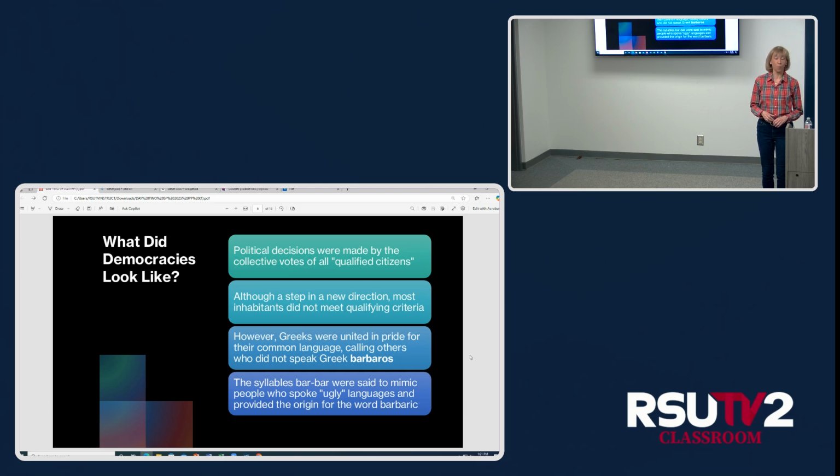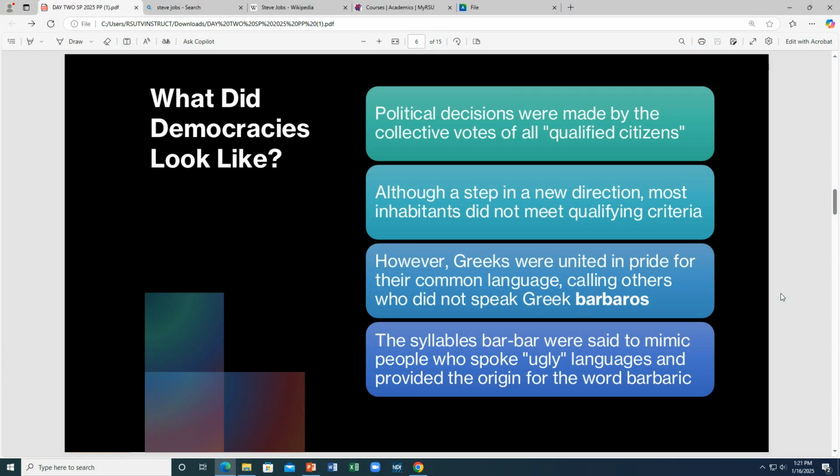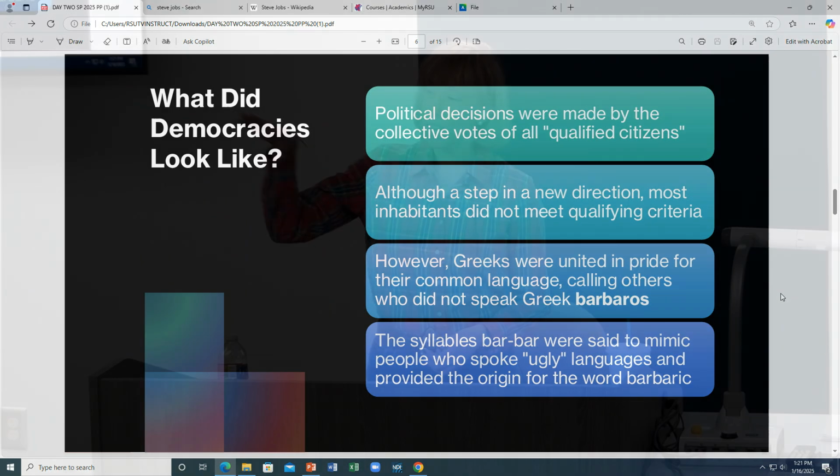And the syllables bar were said to mimic people who spoke what they called the ugly languages, the languages of the less educated, okay? And like I said, the bar provided the origin for the word barbaric. So when you use that word, which I would guess doesn't come up a whole lot, you can think about that. Any questions?